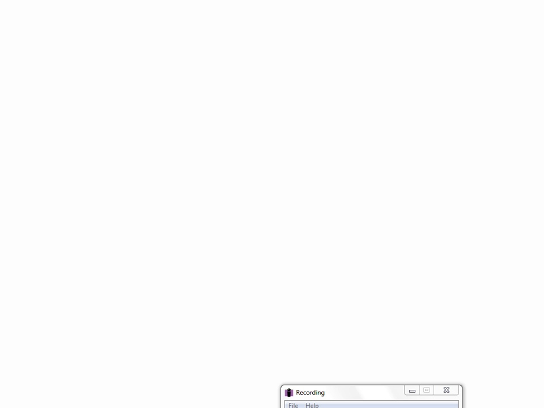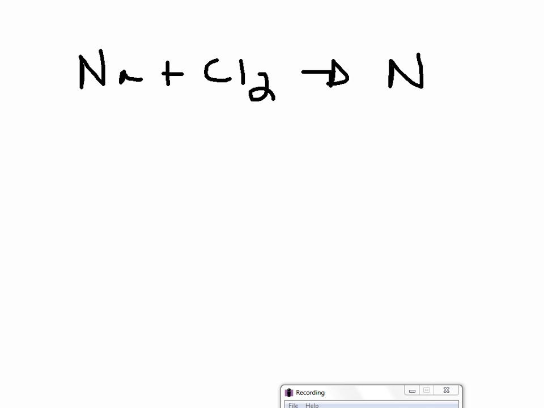Let's say that we've got the formation of salt. Sodium plus chlorine yields sodium chloride, 2 in front, 2 in front. So let's think about these quantities. Get the balanced equation first.